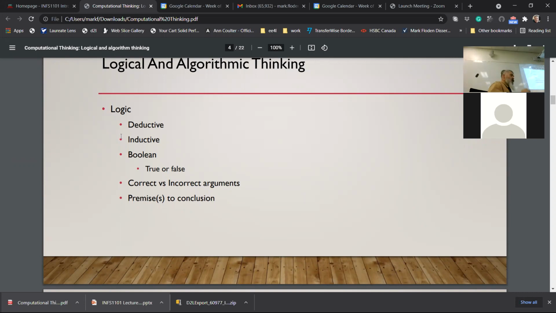So I hope you see the sort of tension that we have. We have the real world that we live in, where we have probabilities, we have uncertainties, and that's where our problems are. We have to solve those problems with computers. Computers just work with true and false. You know what I mean?